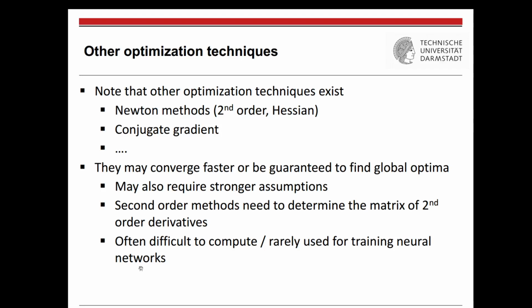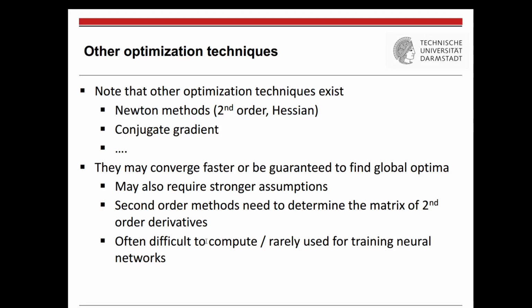So to conclude, these other approaches have various drawbacks, and at the moment, in the year 2020, the most commonly used optimization technique is still gradient descent, because it is simple.